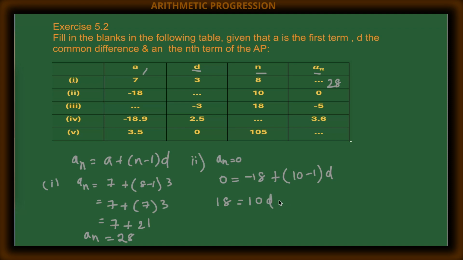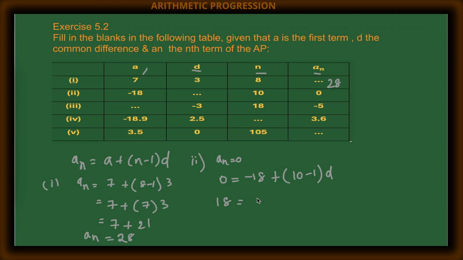So minus 18, if you bring it here, it becomes plus 18 is equal to 10 minus 1 into d. Sorry, I should not take this into multiplication. It's okay. So 10 minus 1 can be subtracted.